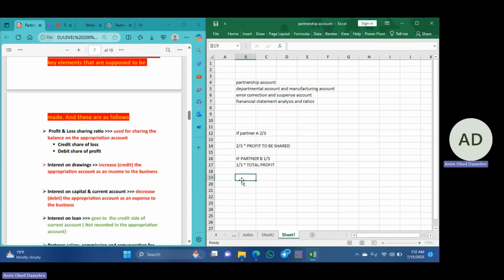So this is how we distribute the profits to the partners in the firm.